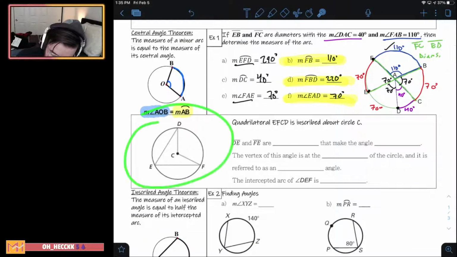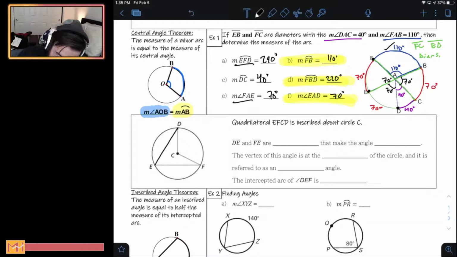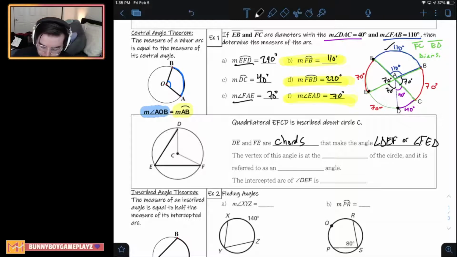Okay, same picture, except now we're talking about DE and FE. What are these called? DE and FE are chords. They're not diameters because they're not going through the center. They're chords that make the angle DEF, or you could call it angle FED.